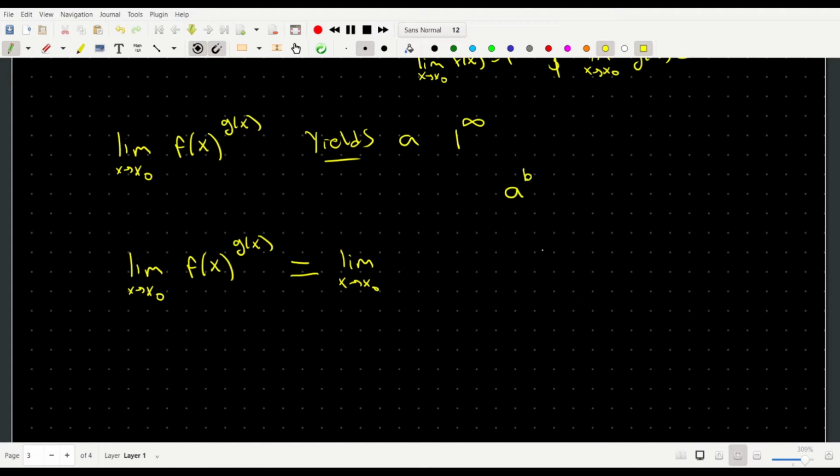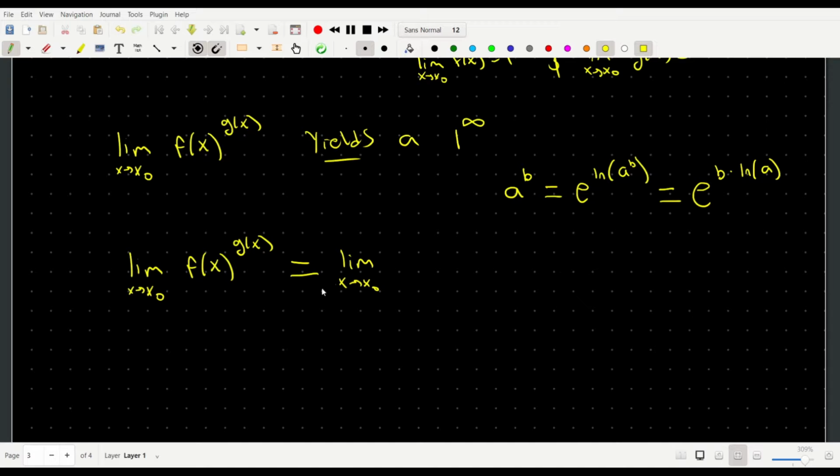If you have two real numbers such that a to the b is defined, we can rewrite this as e to the natural logarithm of a to the power b, which is the same thing as saying e to the b times the natural logarithm of the base a.